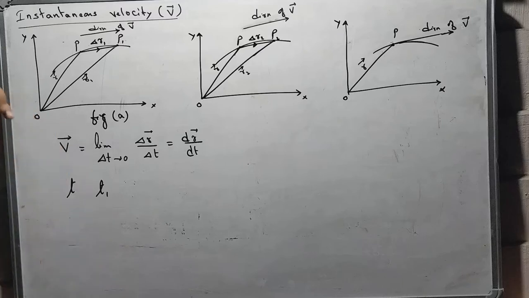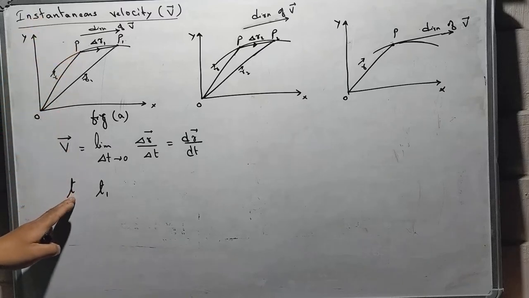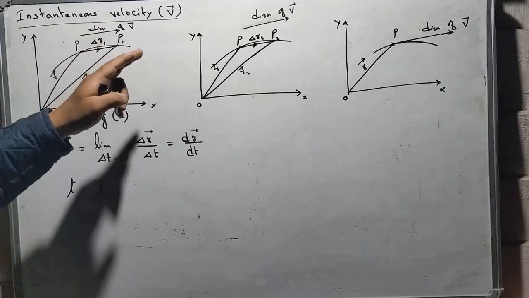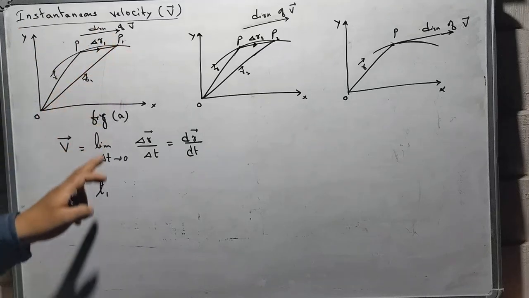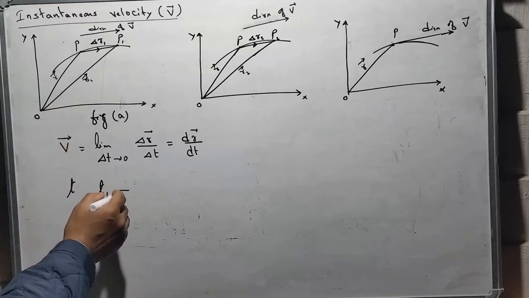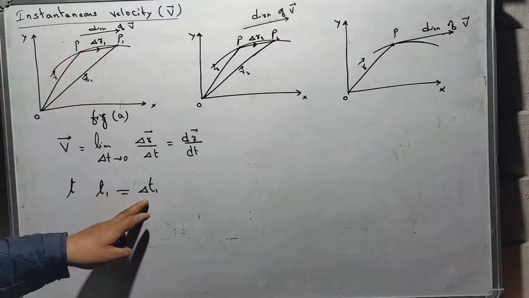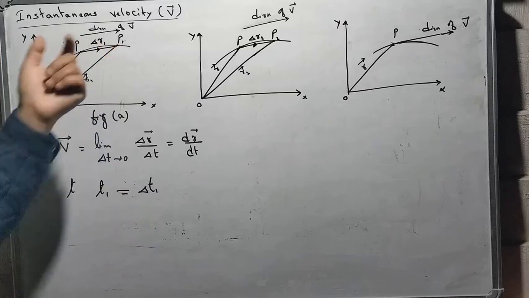So the time interval in this case is delta T1, which means final time T1 minus initial time t. So this is the time interval and this is the displacement.